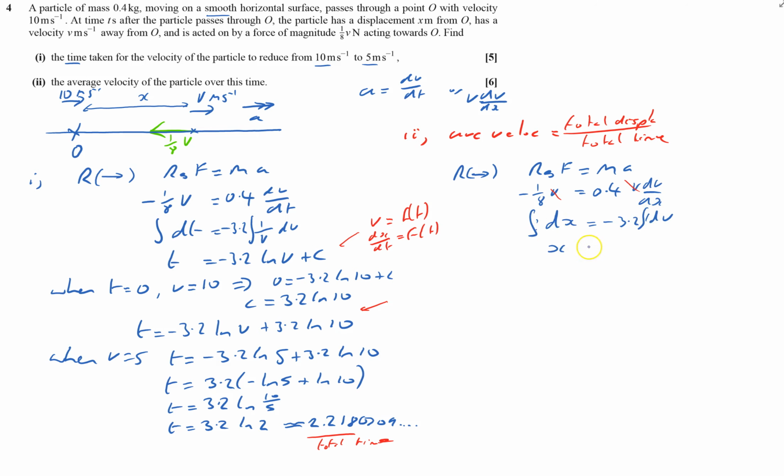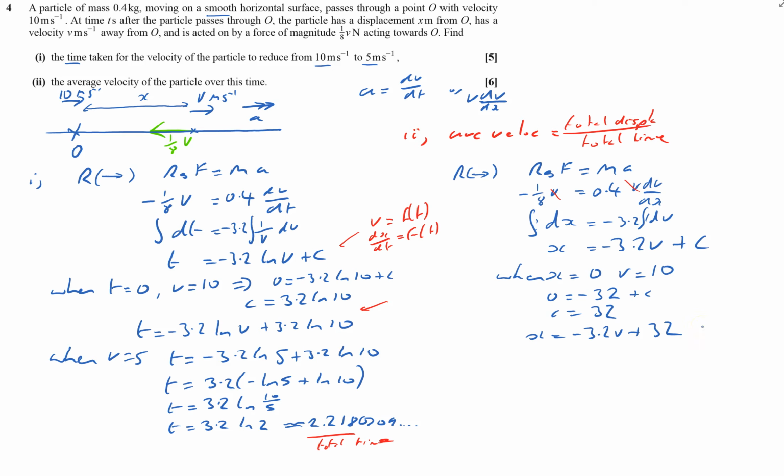That will give me x equals minus 3.2 v, don't forget plus c. When x equals 0, we're told that v equals 10, so 0 equals minus 32 plus c, so c equals 32, so x equals minus 3.2 v plus 32.